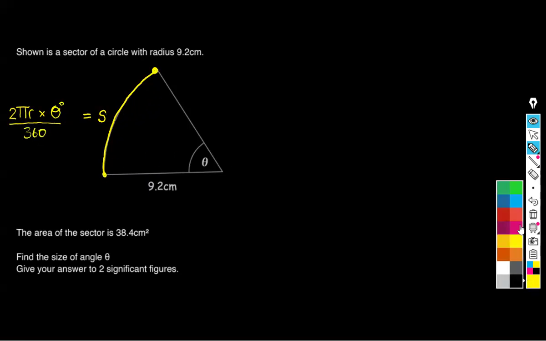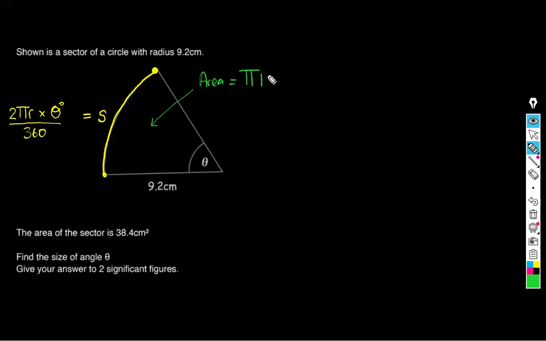Now, obviously, that's different from the area. To find the area, it's pi r squared. Obviously, pi r squared is different from 2 pi r, right? It looks similar, but I guarantee you it's different.